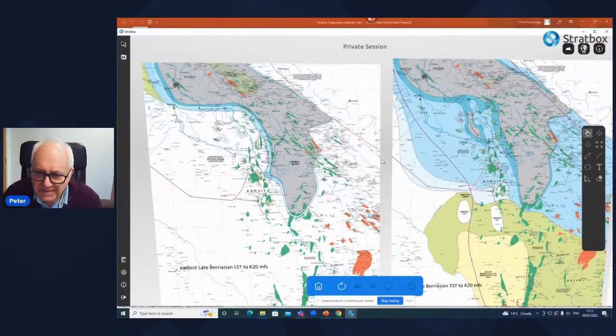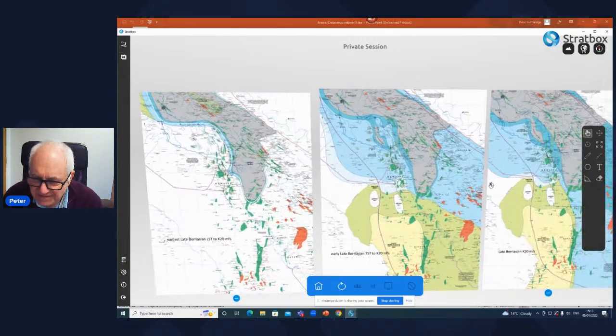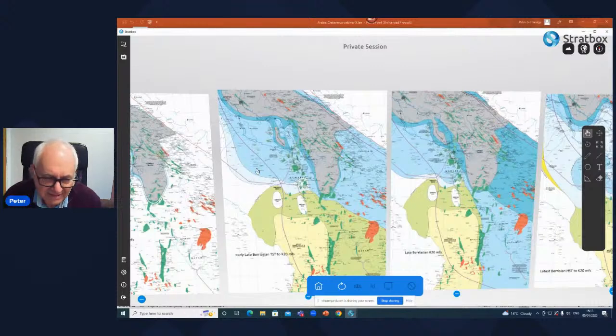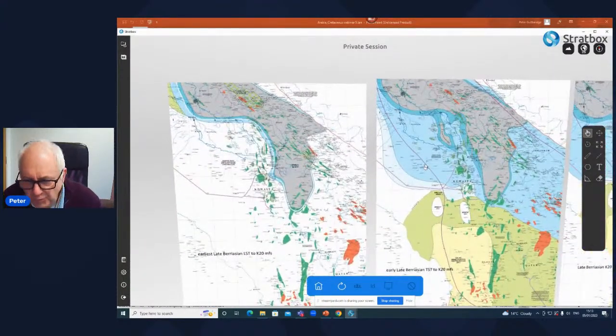Now, these are a series of maps for the sedimentary sequence containing the K20 maximum flooding surface. And we go from lowstand, transgressive systems tract, maximum flood to highstand. And the blue and green on these maps are mainly carbonates.